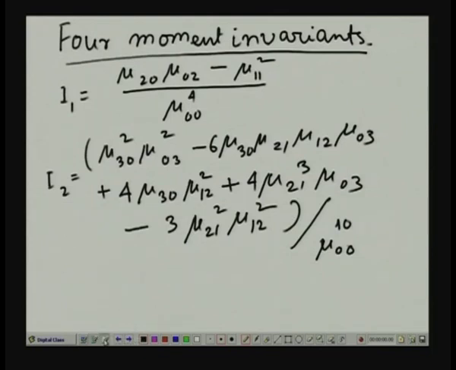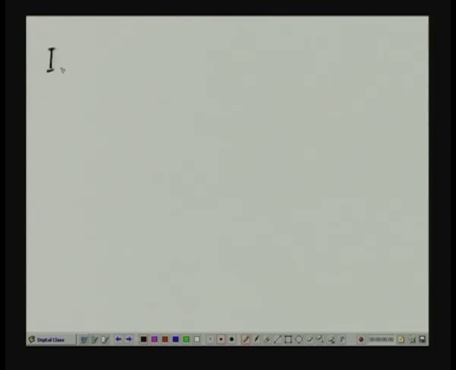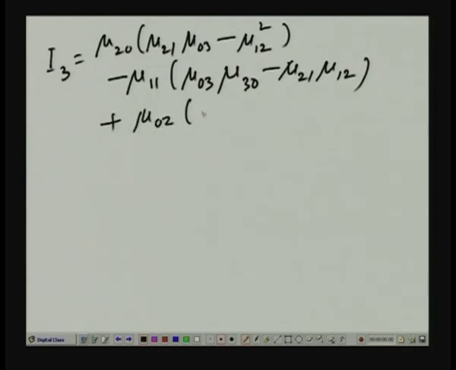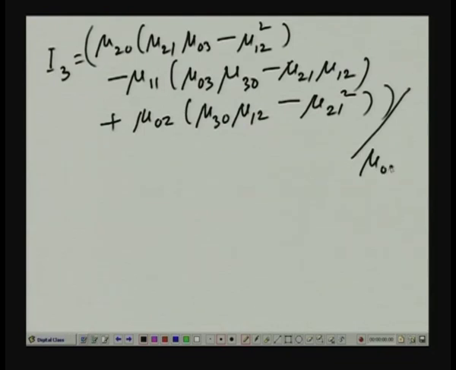The third invariant is given by I 3 equals mu 2 0 into (mu 2 1 mu 0 3 minus mu 1 2 square) minus mu 1 1 into (mu 0 3 mu 3 0 minus mu 2 1 mu 1 2) plus mu 0 2 into (mu 3 0 mu 1 2 minus mu 2 1 square), this whole thing divided by mu 0 0 to the power 7.